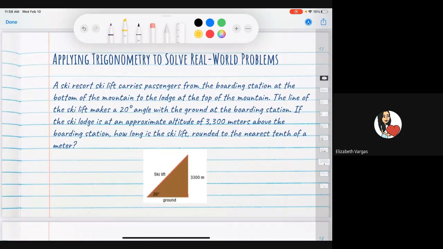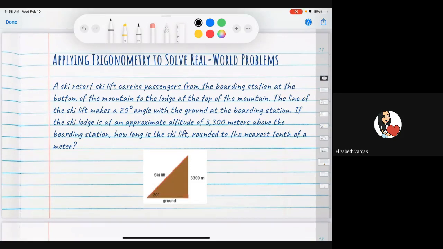So basically what we're doing is we're looking for how long is the ski lift. So what we're actually looking for is this right here. And what we can see is that we have been given information about the opposite of our acute angle, and we're looking for the hypotenuse.